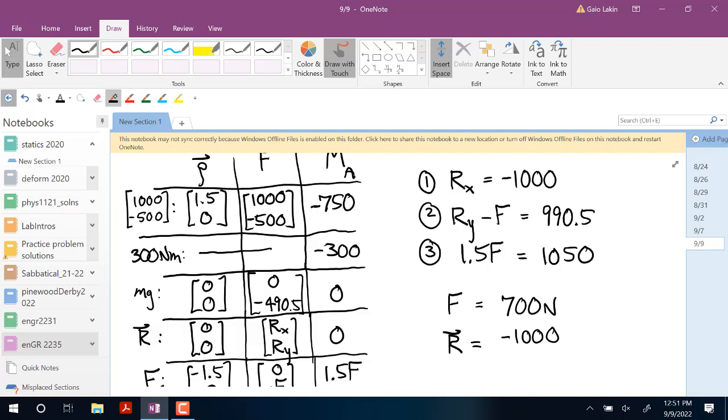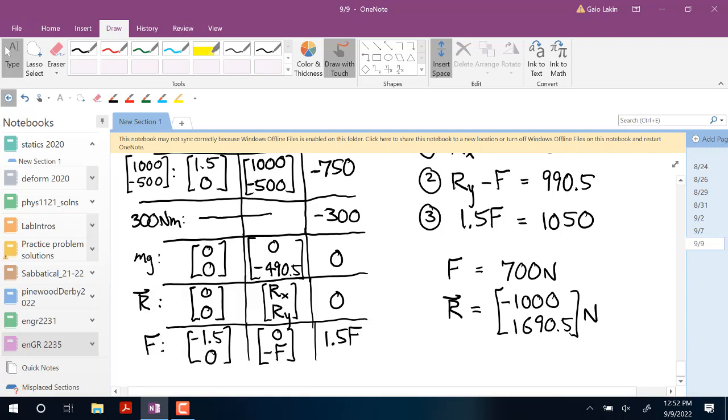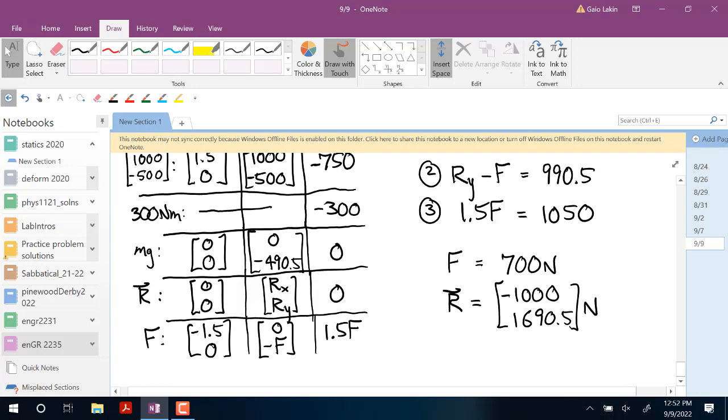Yes. Okay. So that F value needs to come out positive because it's a roller, and it did. So that's good. The pin joint can come out positive or negative.